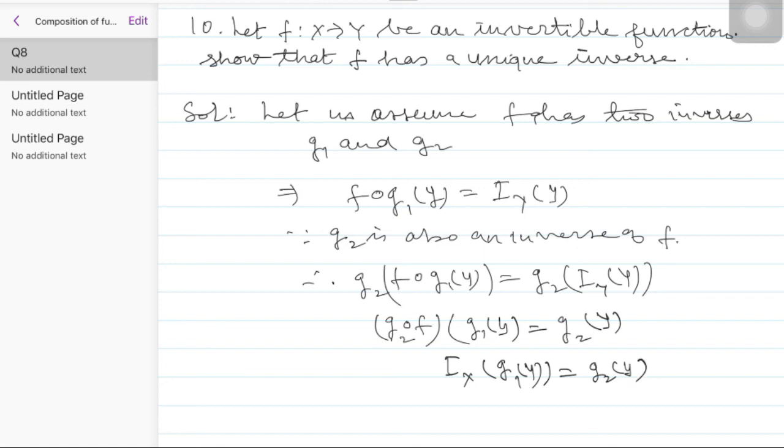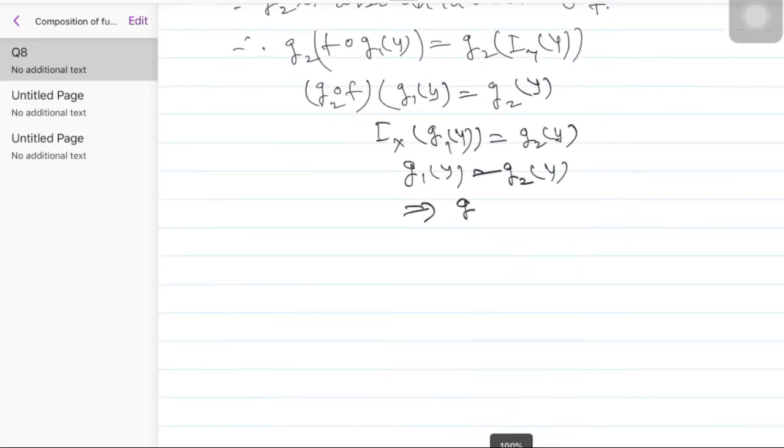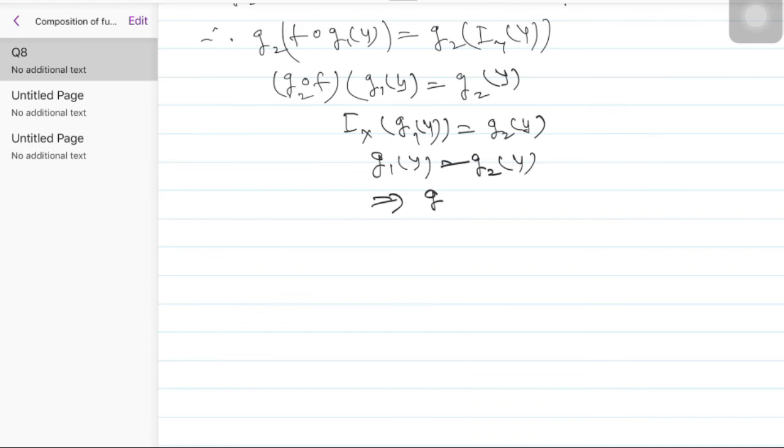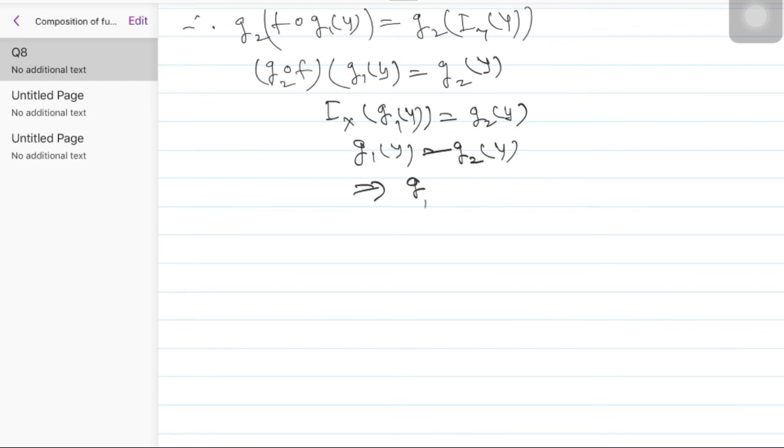The identity function maps a function to itself, so Ix o g1(y) is equal to g1(y) itself. Therefore, g1(y) is equal to g2(y). This implies g1 is equal to g2. It means that g1 and g2 are not two different functions, they are the same.